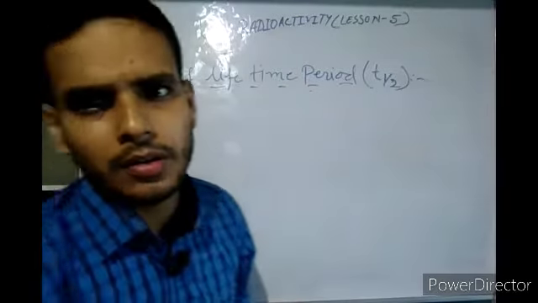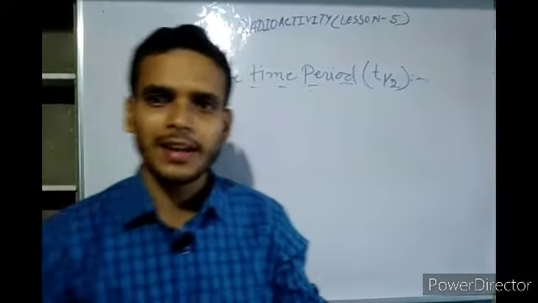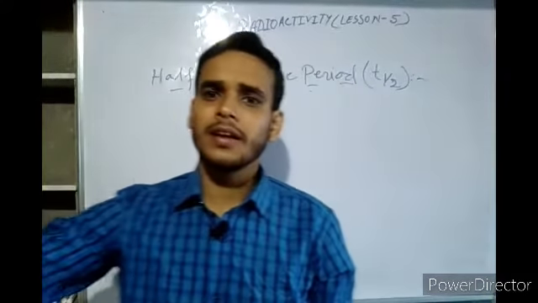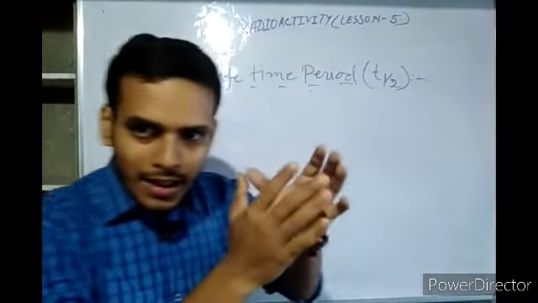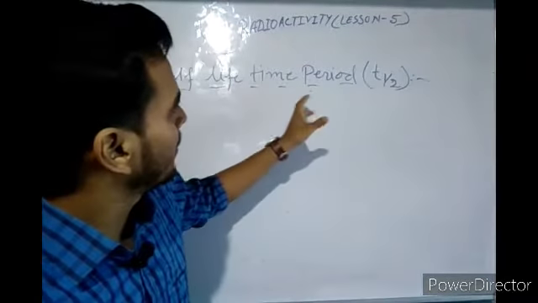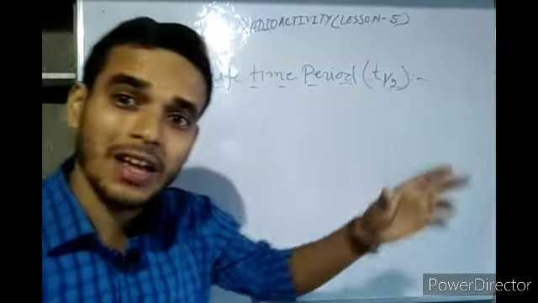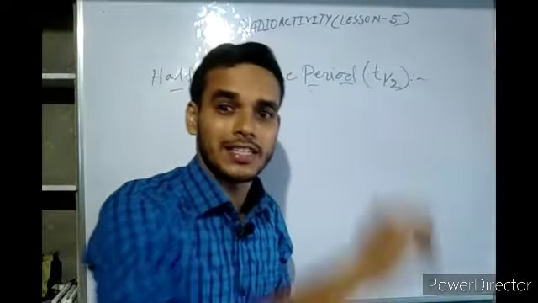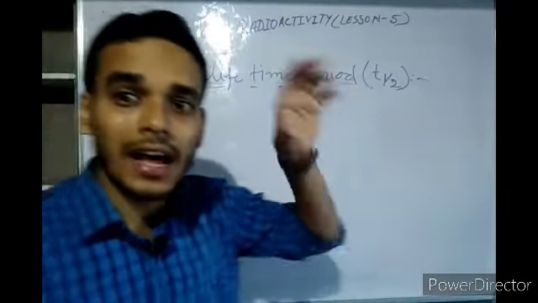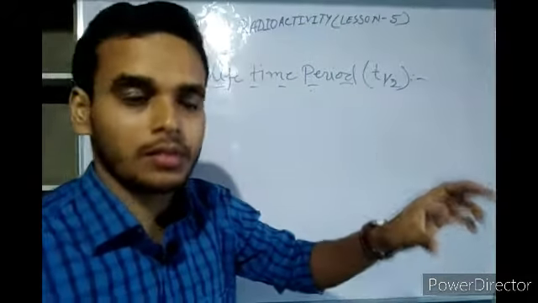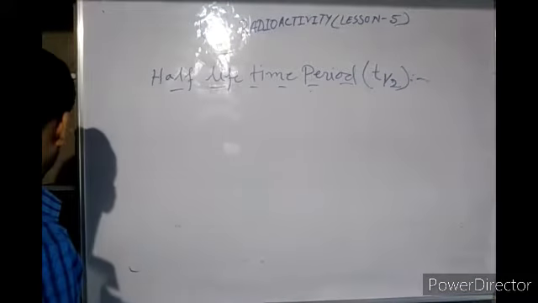What is half-life period? When a radioactive nucleus starts to disintegrate and at the end it converts to a stable non-radioactive product, but in this way, at a particular time, the amount of radioactive substance present in the nucleus is half of its initial amount. That particular time is called the half-life period of the nucleus, when the amount is half of its initial amount of the radioactive substance.